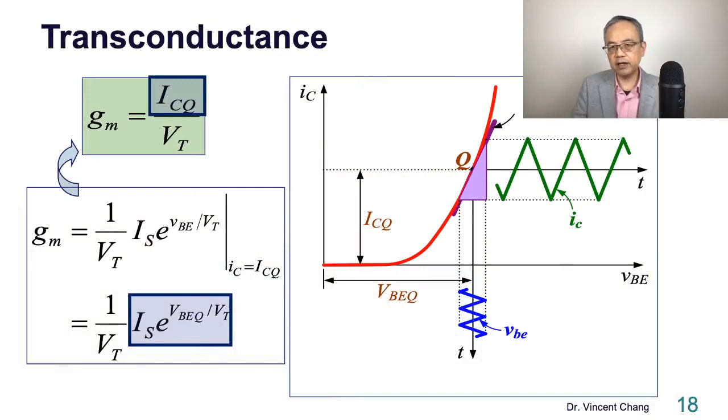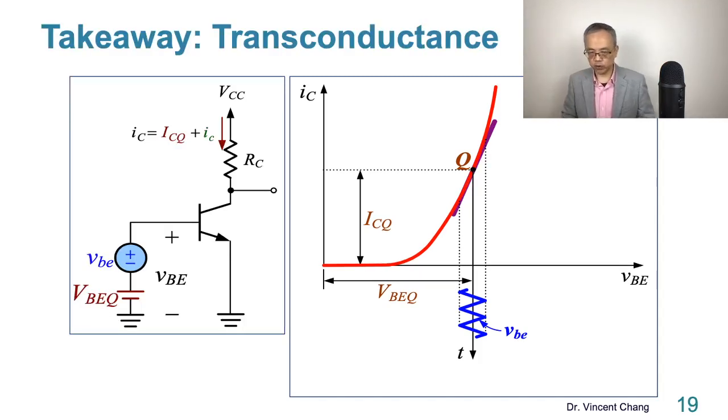But for the bipolar, it's linearly proportional to the bias current divided by the thermal voltage. So 1 milliamp bias current divided by 0.025 volt is 40 milliamp per volt.